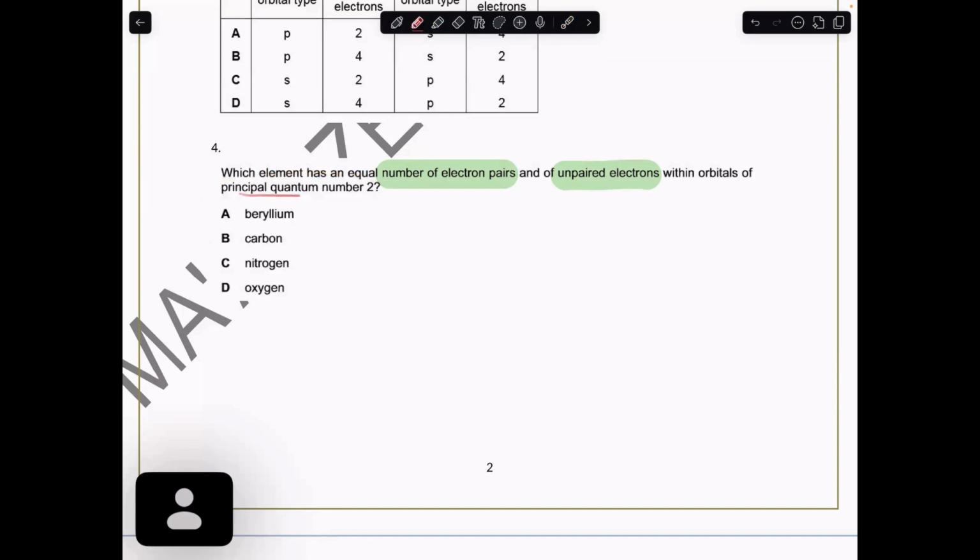Number of electron pairs, not paired electrons. What is the meaning of this? In which element are the electron pairs equal to the unpaired electrons in the second shell of the atom?